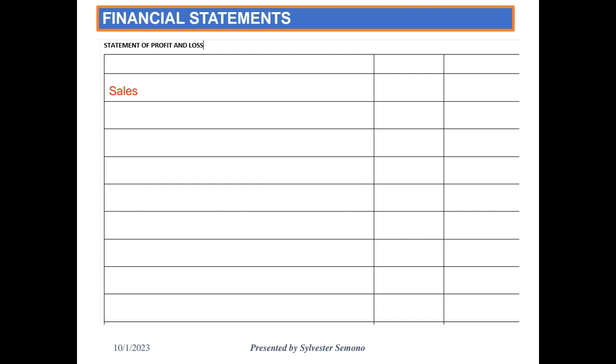I will ask for the sales amount first. How much was the sales amount? The sales amount is 957,000. And then sales returns, we must minus them. How much? Minus 42,000.